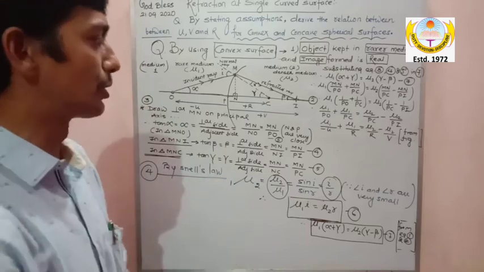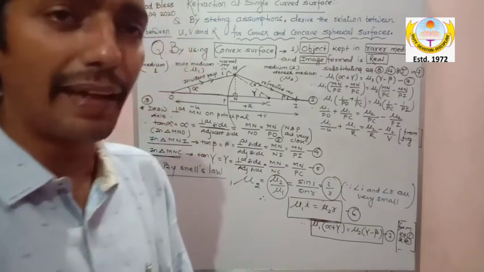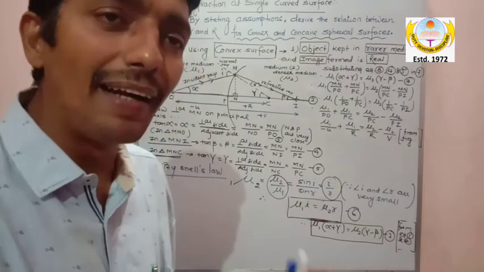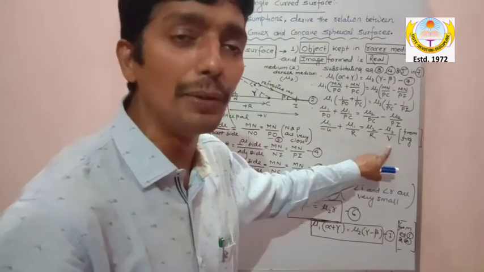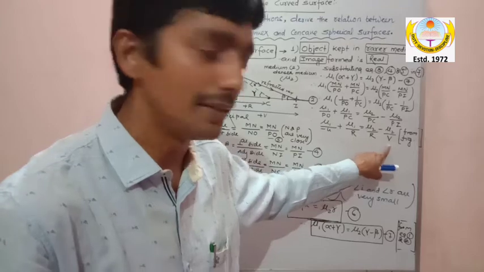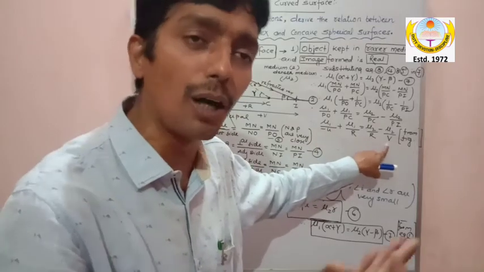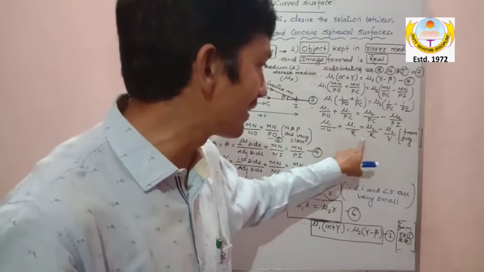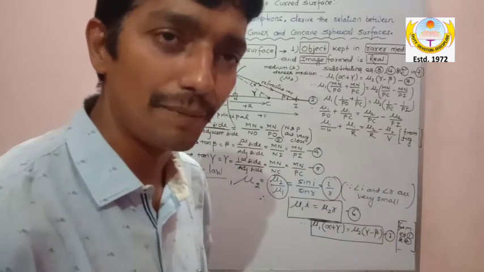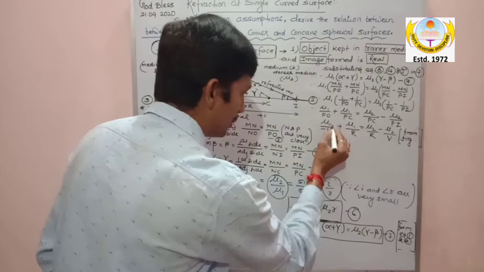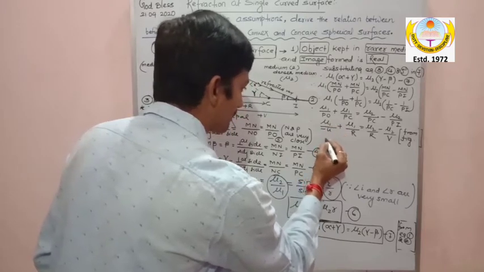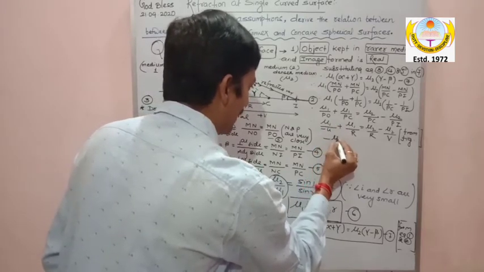So now my dear, what should I do? In the entire equation, I will keep the u term and v term on one side, and r terms on the other side. So here, can I write mu1 upon minus u as minus mu1 upon u?